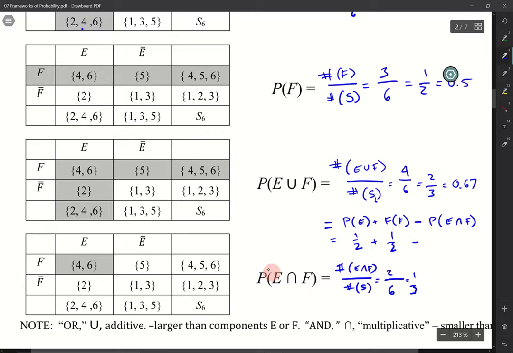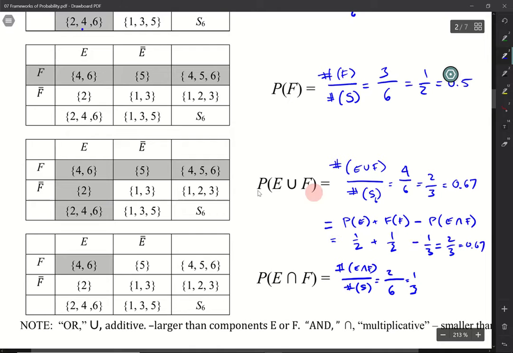Why don't we just put in 1/3? So clearly a half plus a half is 1. So 1 minus a third is 2/3, or 0.67.